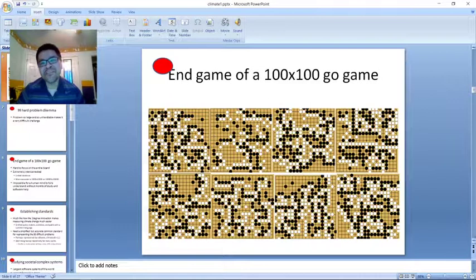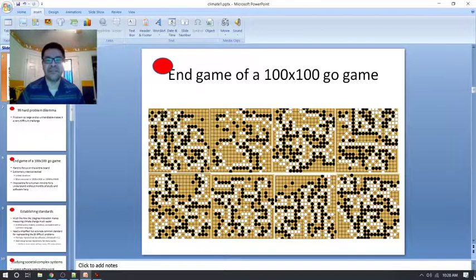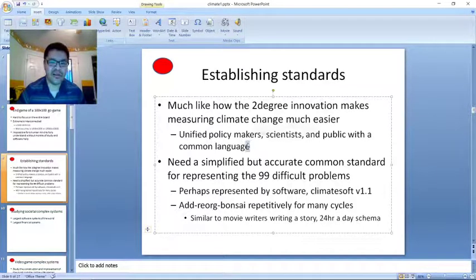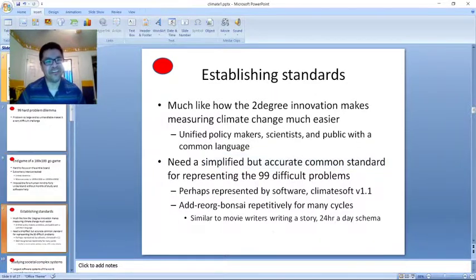So all of this is showing me that the world will increase by 5 degrees by 2050. So what other simplified but accurate standards can we have for representing this complex problem?